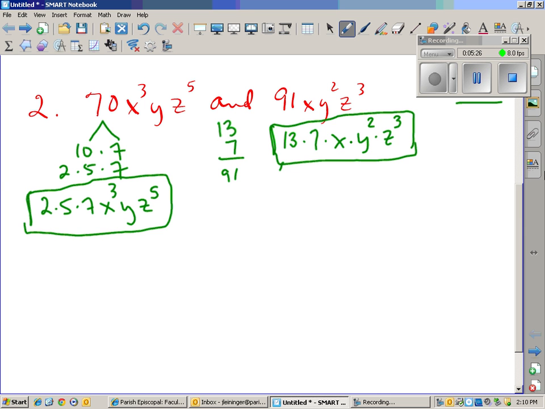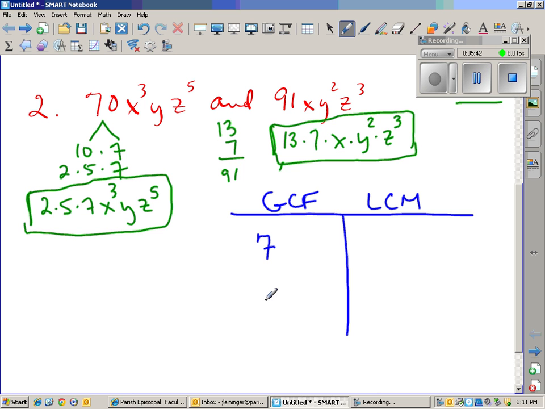Now I'm ready for my T-chart. GCF, LCM. For the GCF, I need the base to be in both boxes. The only number I see in both boxes is 7, and the lowest exponent I see is the only exponent I see, which is to the first power. There he is, the ghostly 1.